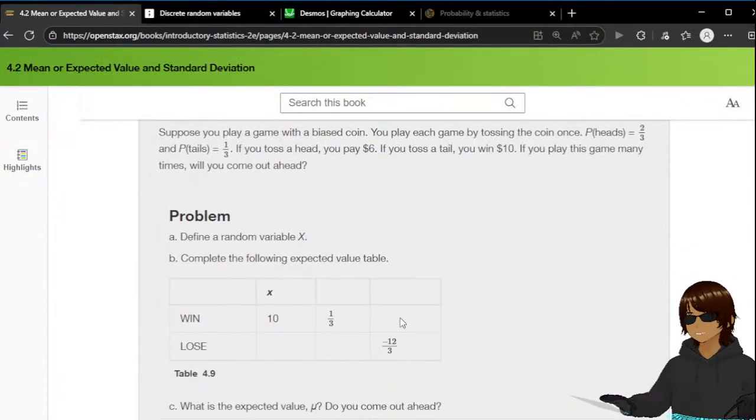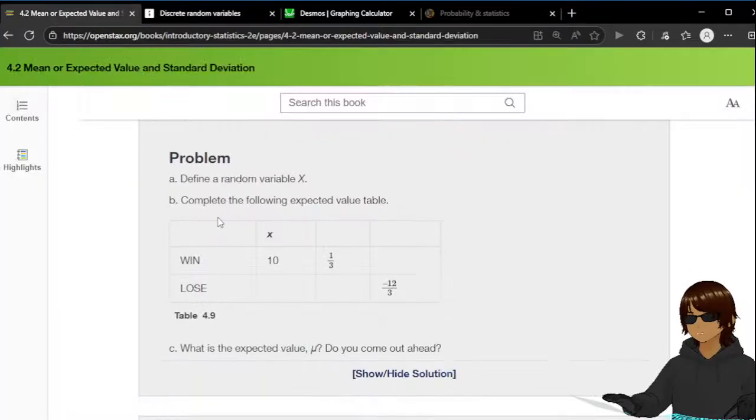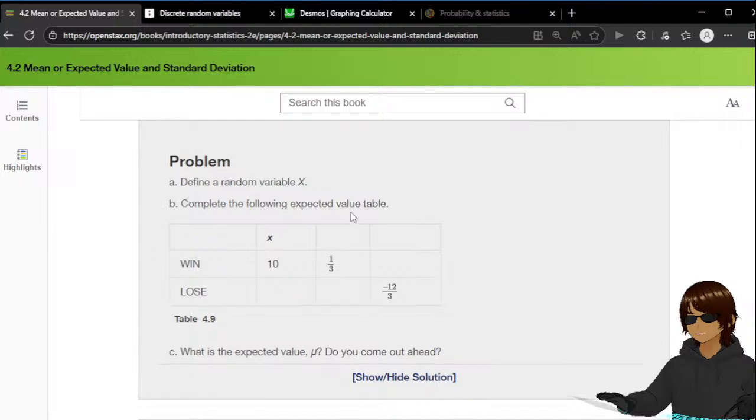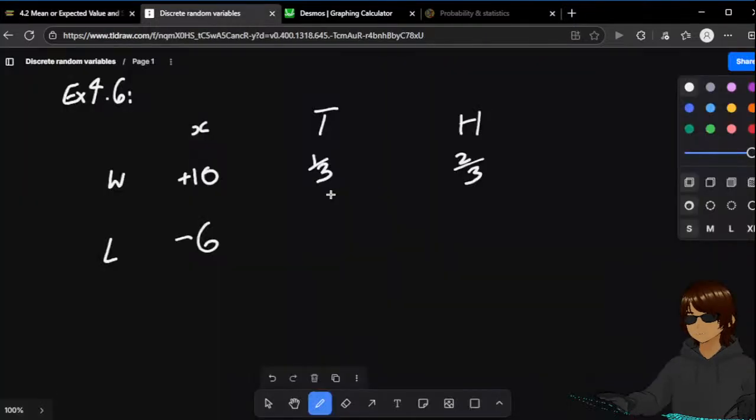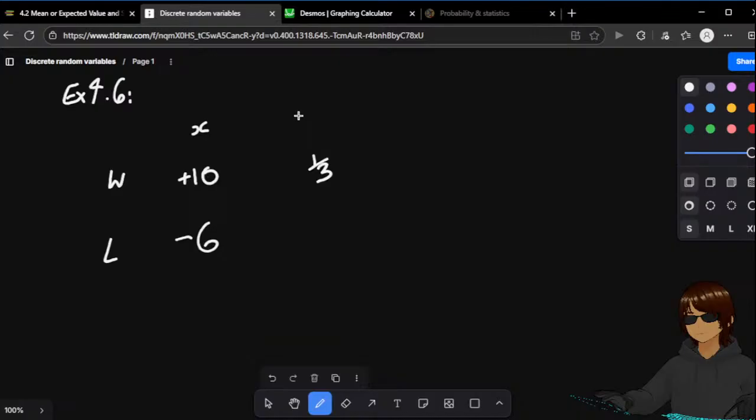Why does this say minus 12 over 3? 2 over 3. No, wait. Complete the following expected value table. No, no, no, no. This is wrong. I think there's a probability that x is tails.